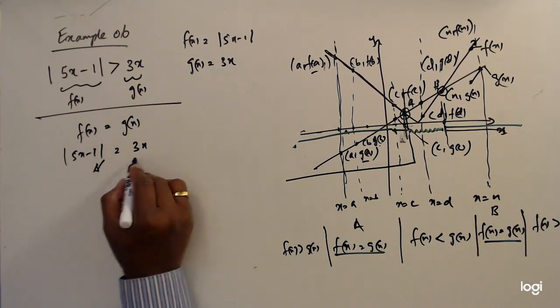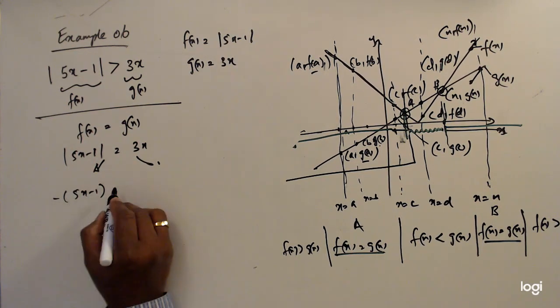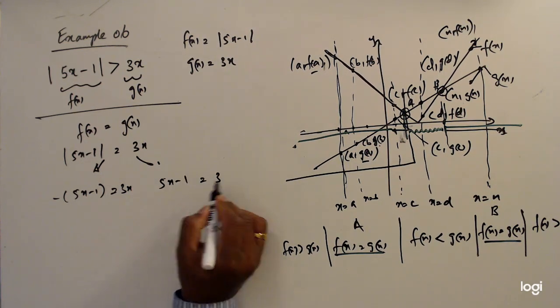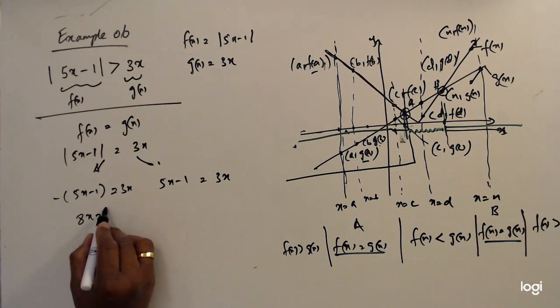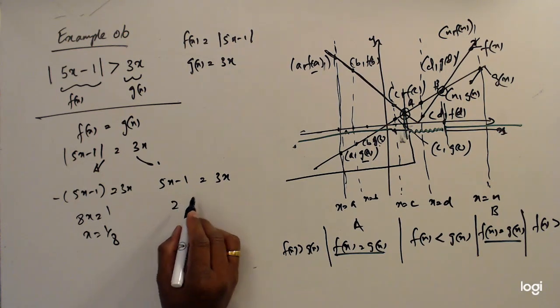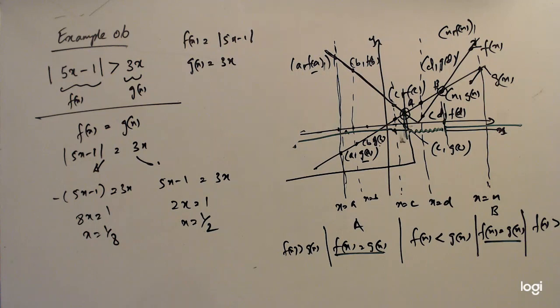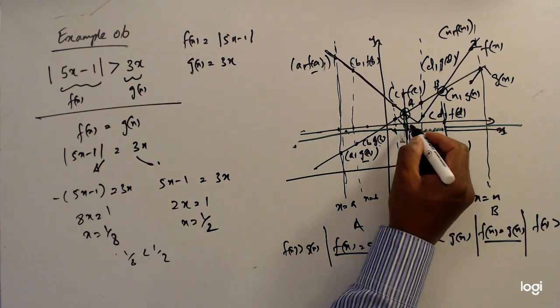There are two answers as usual: minus 5x minus 1 equal 3x, and 5x minus 1 equal 3x. The first gives 8x equal 1, so x equal 1 over 8, and the second gives 2x equal 1, so x equal half. Now 1/8 is smaller than half, so this point should be 1/8.